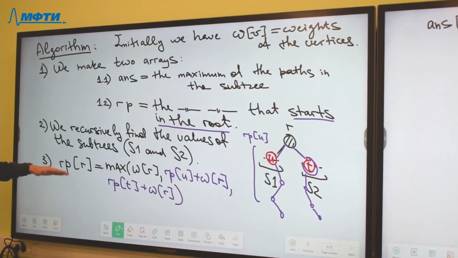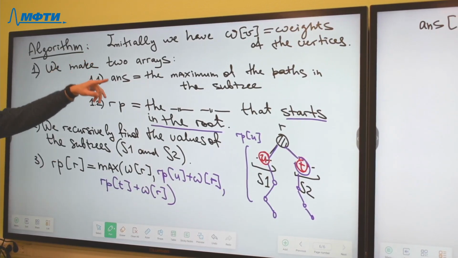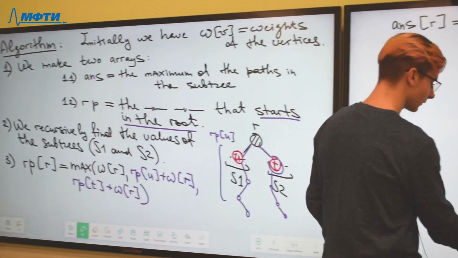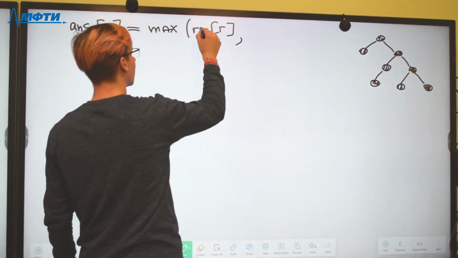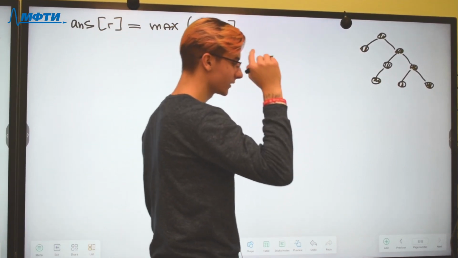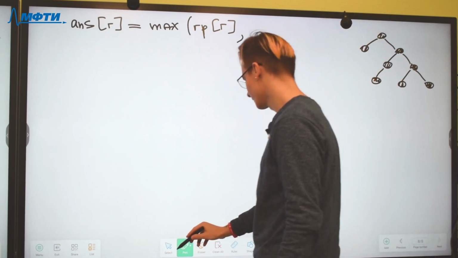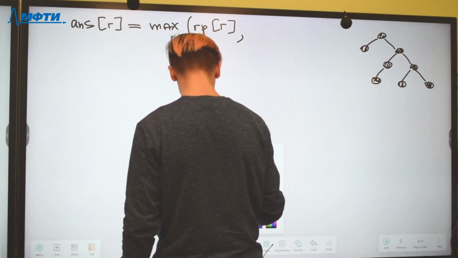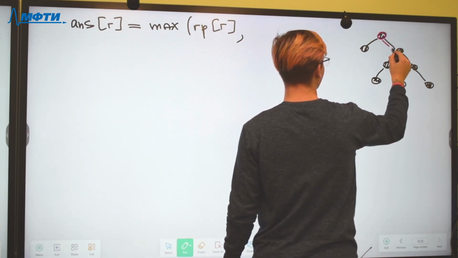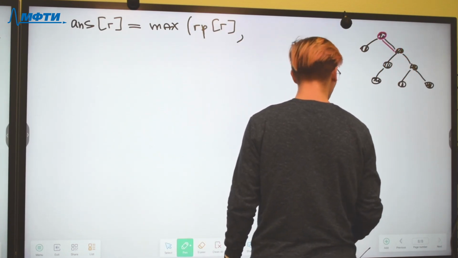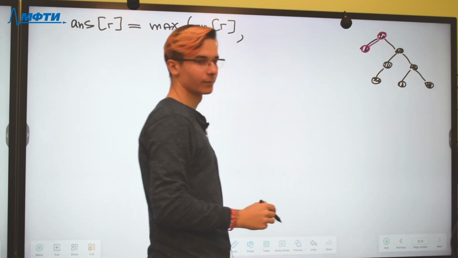It is RP of R. So we can write here RP of R, not weight of R, because it is the maximum of the paths that start in the root. So, for example, it can be such a path.